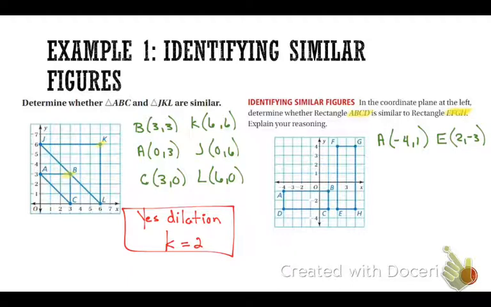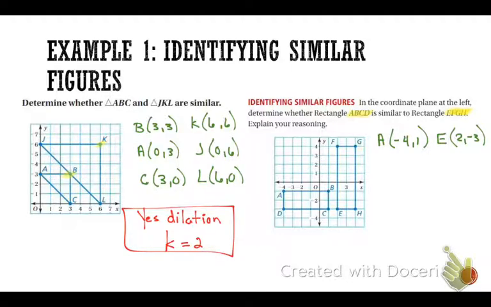It's not a rotation because none of my rotation rules would make -4, -1 into 2, -3. None of them, right? They don't become different numbers. I just switch the order or switch the sign. A dilation wouldn't work. A reflection wouldn't work. So does everybody agree there is no transformation that could make point A turn into point E?